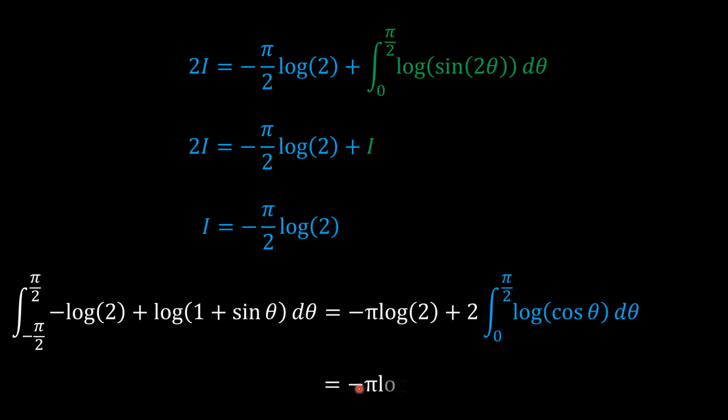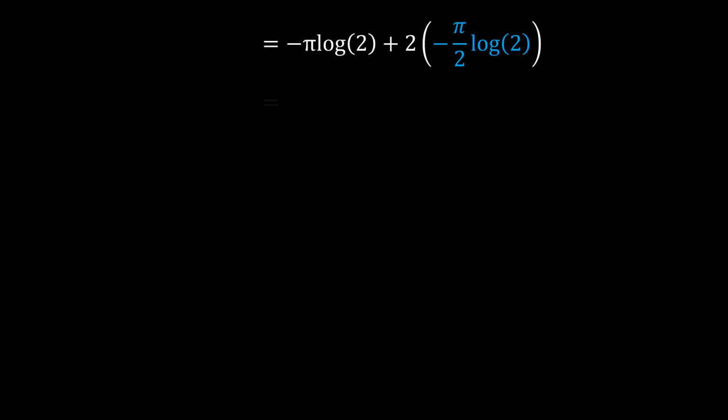So we're going to have minus pi log 2 plus twice minus half pi over 2 log 2, and that is the same as twice of pi log 2, and that is the answer that was being sought for. A little bit windy, but we just wanted to be thorough.